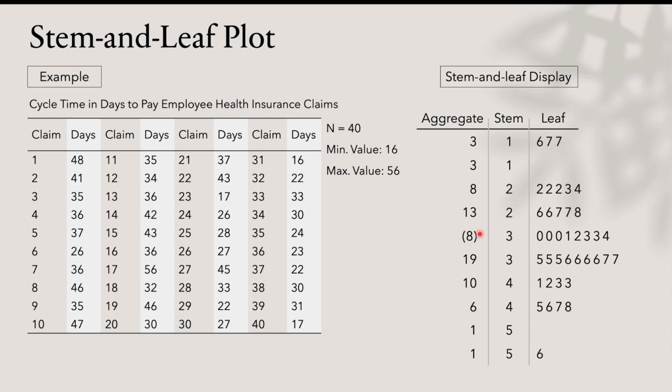And this one, the one in the bracket, represents the actual number of leaves on this stem, the middle one actually. 1 2 3 4 5 6 7 8 9 10, this is the middle one.